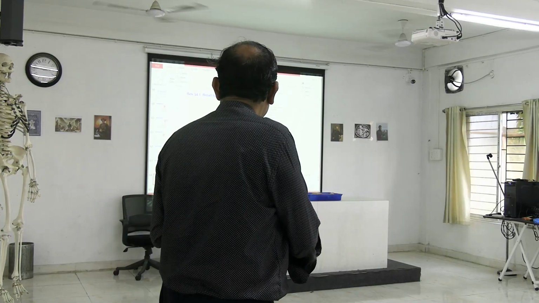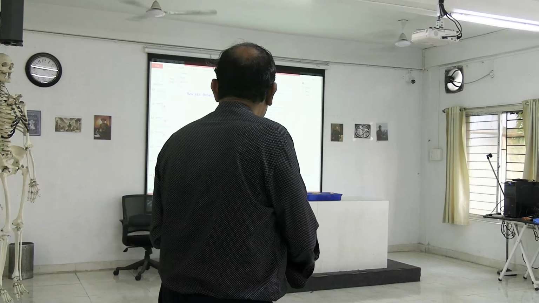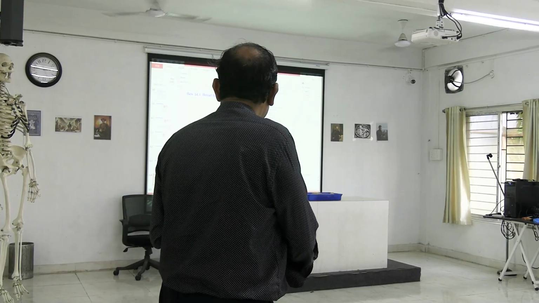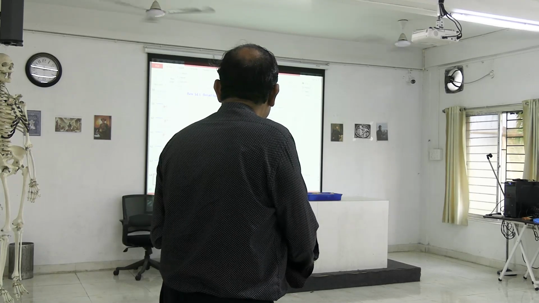So from there this ovarian artery is coming, and through the broad ligament from below, another artery is coming, that is the uterine artery, which is coming from the lateral side.